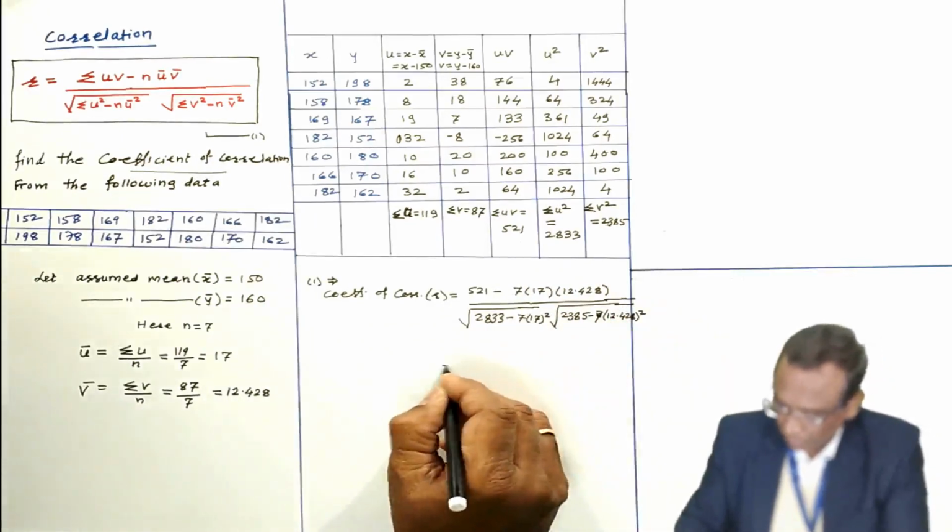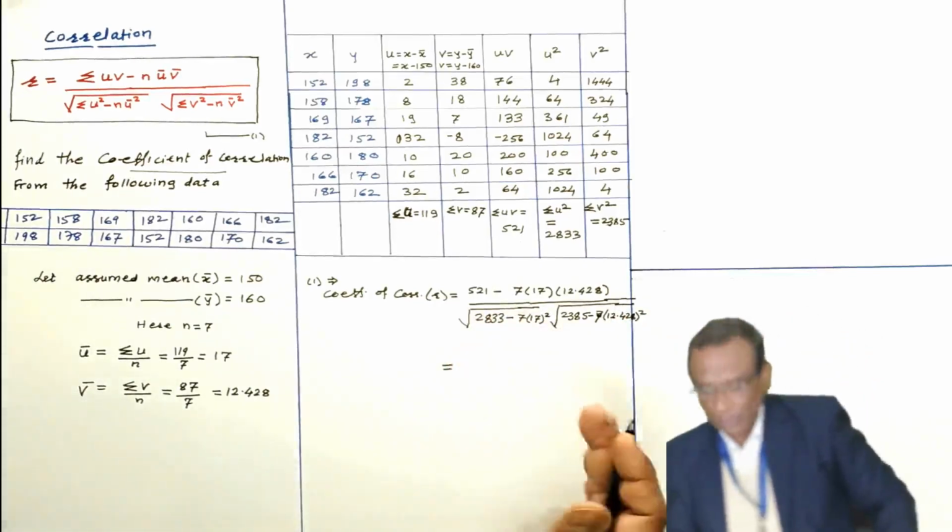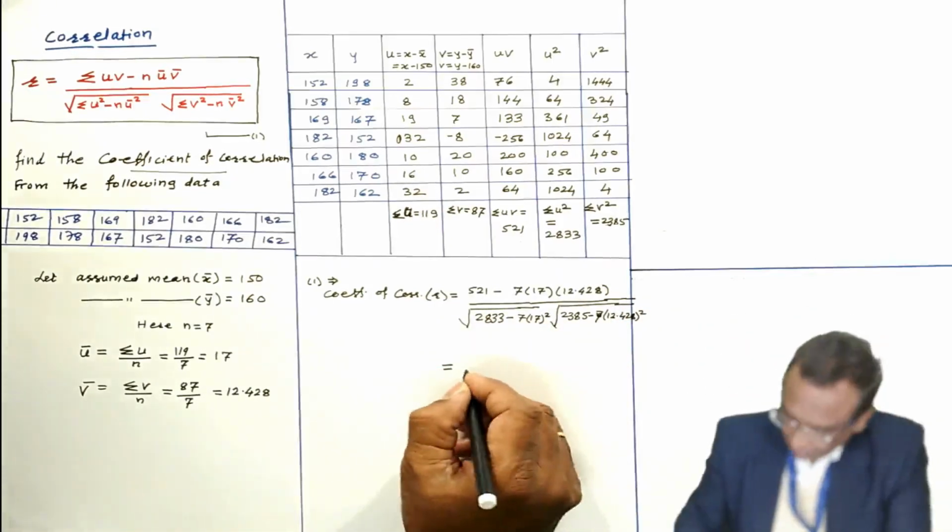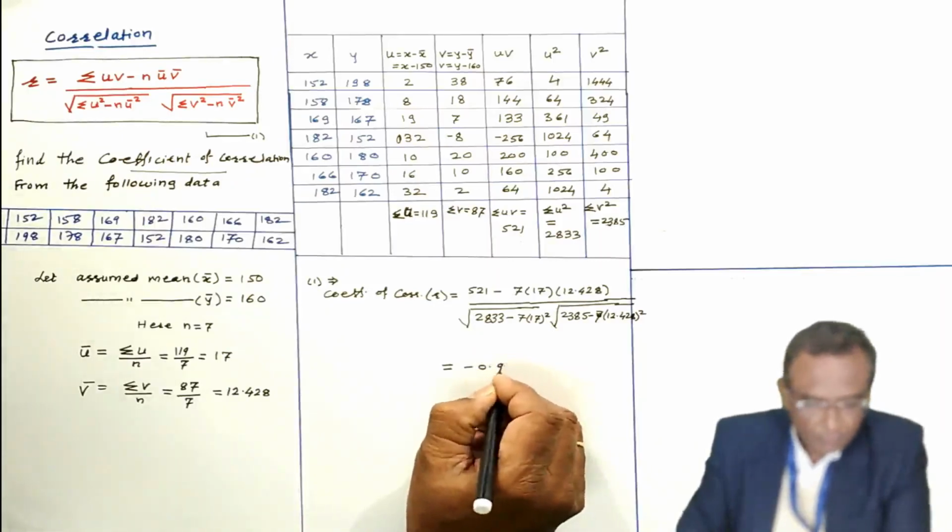Try to evaluate it using a calculator, and you will get the value minus 0.9322.